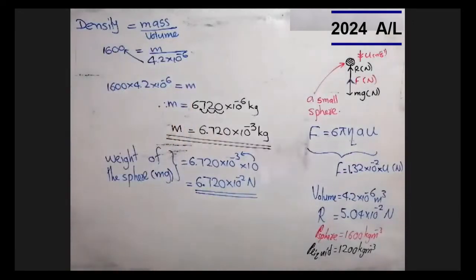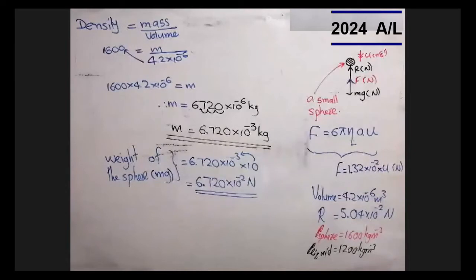Who got this answer also at home? Okay, very good. So three forces are acting on the sphere, R, F, and mg. The sphere is moving under the influence of these three forces.